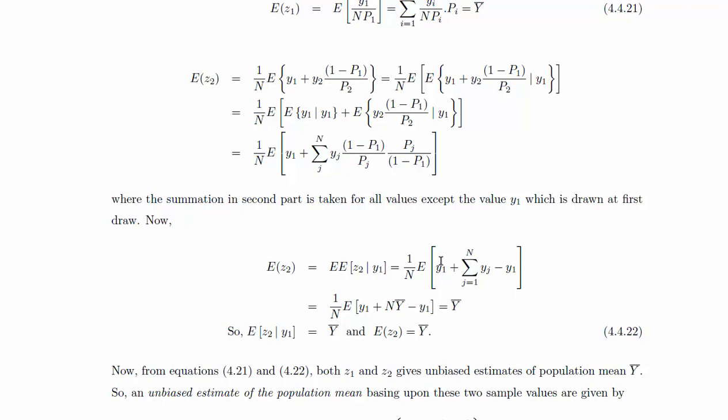Only difference is here the units are selected according to probability proportional to size but without replacement. So that is why Z1 and Z2 are taken differently. Z1 is taken as y1 by np1, Z2 is defined in a separate way.